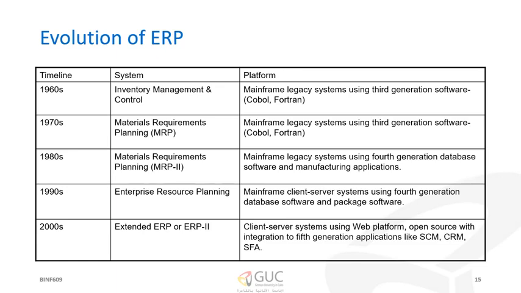They integrate both primary business activities like product planning, purchasing, logistics, control, distribution, fulfillment, and sales. They also integrate secondary or support activities like marketing, finance, accounting, and human resources.